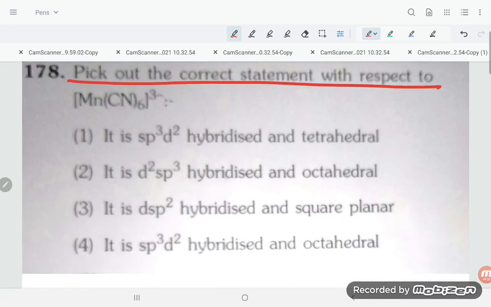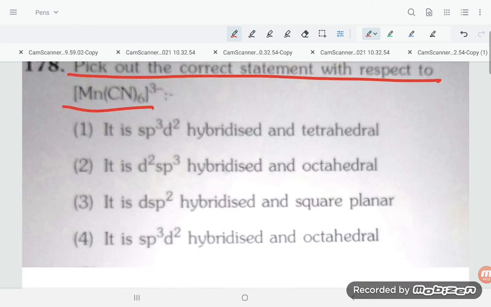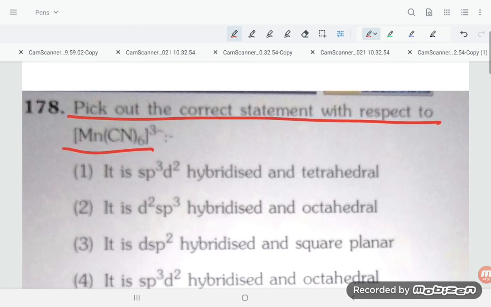178. Pick out the correct statement with respect to [Mn(CN)6]3-. They are saying pick out the correct statement, okay. So let us see, student, first we go for the hybridization.